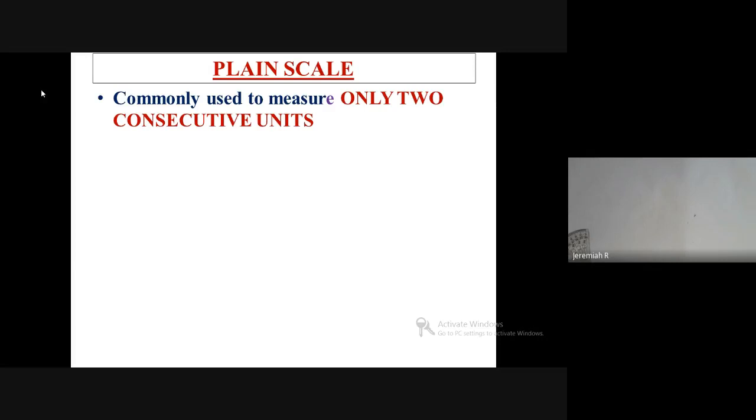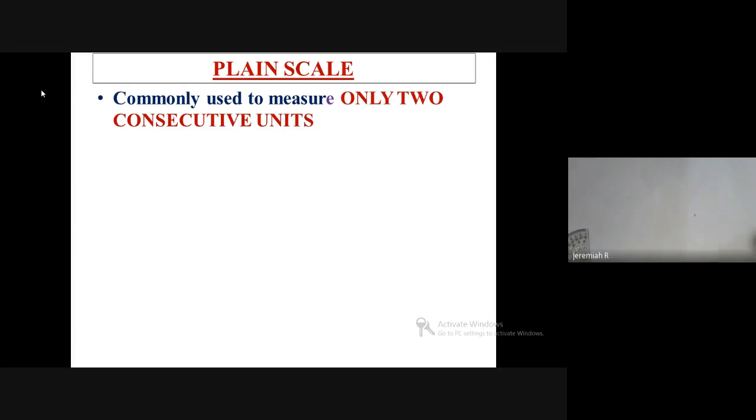I already told you, if you want to measure 2 consecutive units, we can use a plane scale. If you want to measure 3 consecutive units, you can go for diagonal scale. A vernier scale can also measure 2 consecutive units. Single decimal, we can go for plane scale.